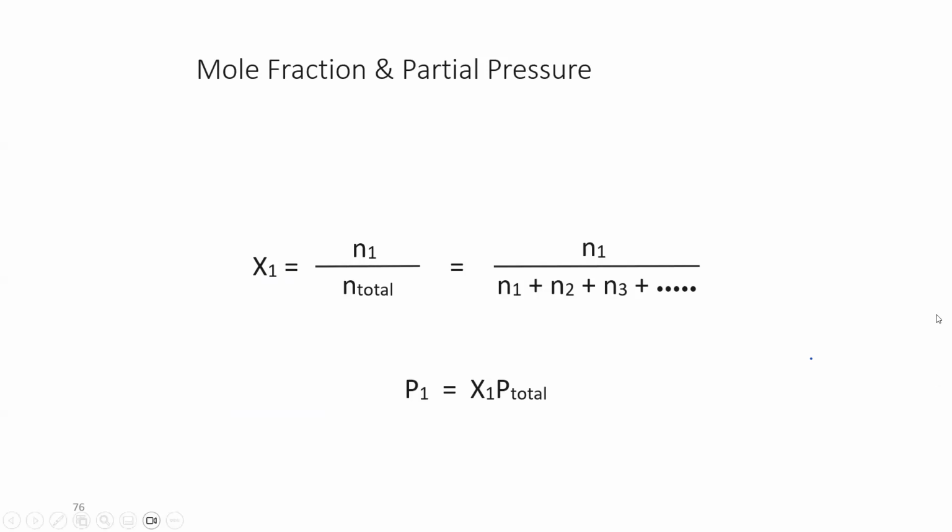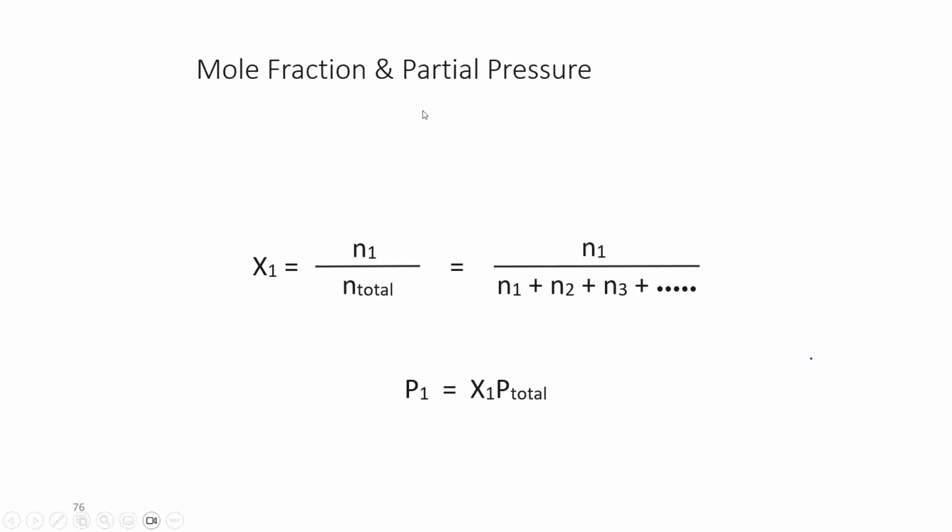Because if you think about the gas law equation, PV equals nRT, it's just based on moles. It's not based on moles of this particular gas. So we can take this mole fraction, connect it with Dalton's law of partial pressure, by just saying the mole fraction times the total pressure gives us the partial pressure of that particular gas.